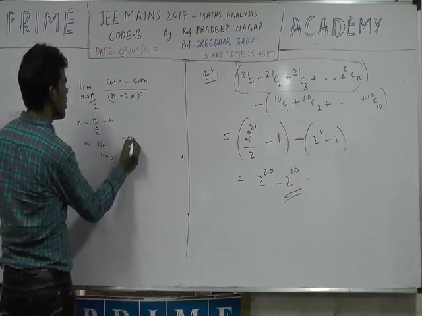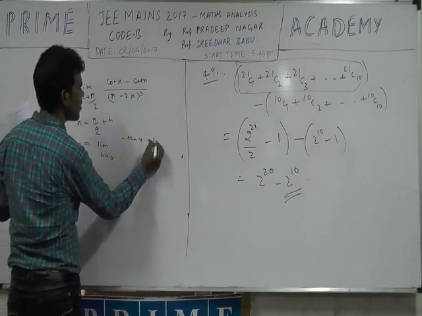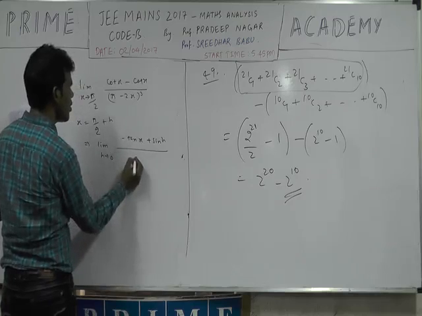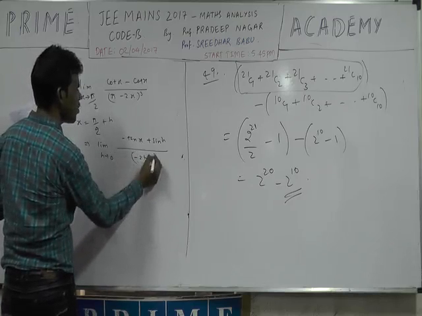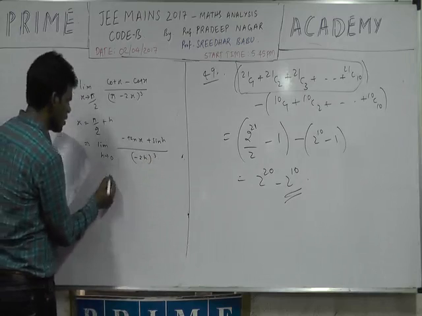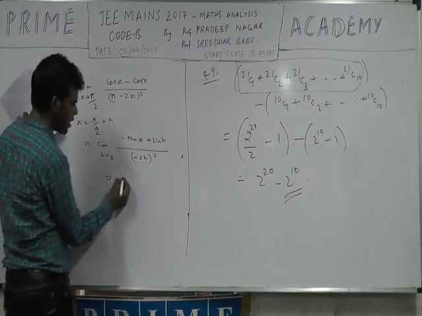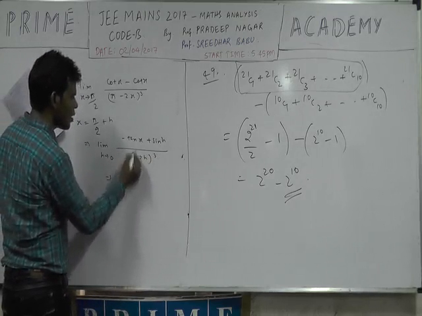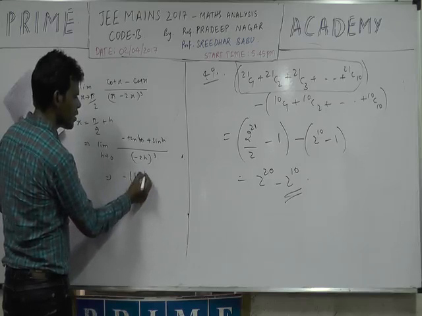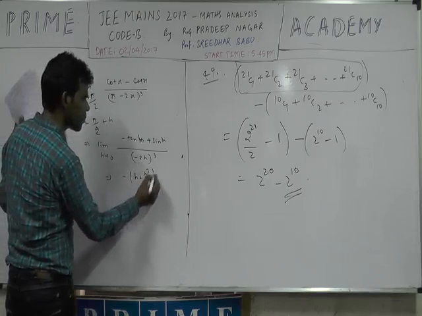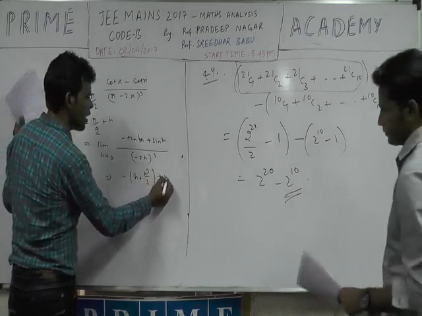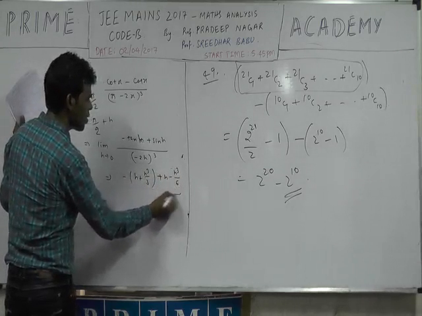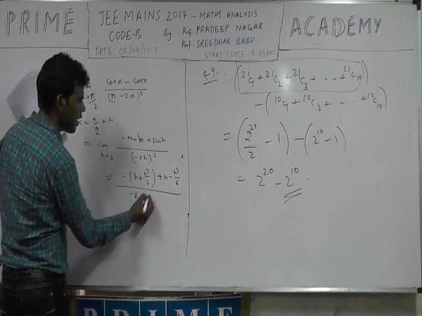minus sin h plus sin h upon (minus 2h) the whole cube, and after applying expansions we can say that it is minus this one, h plus h cube upon 3 plus h minus h cube upon 6, upon minus 8 h cube.